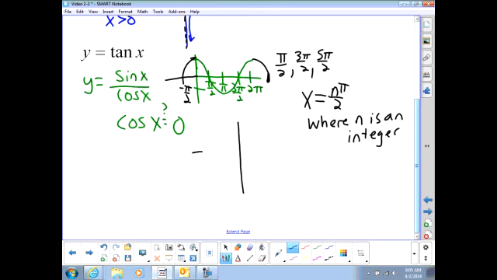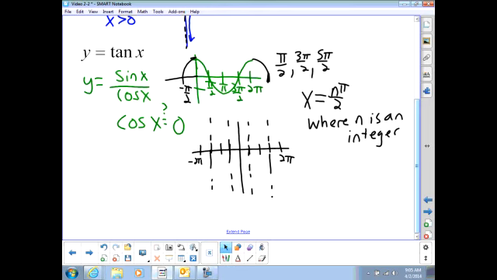And the graph of tangent, we would have our asymptotes at pi over 2, 3 pi over 2, negative pi over 2, negative 3 pi over 2. The graph of tangent would look something like this. So we can see those asymptotes would keep occurring every pi, every jump in pi at the odd pi over 2 integers.